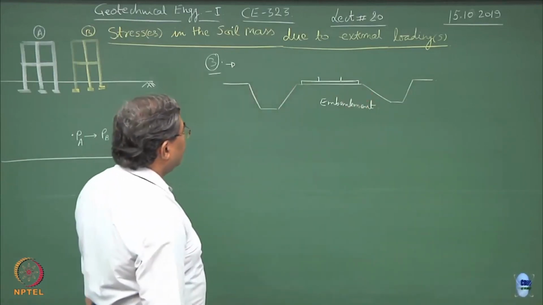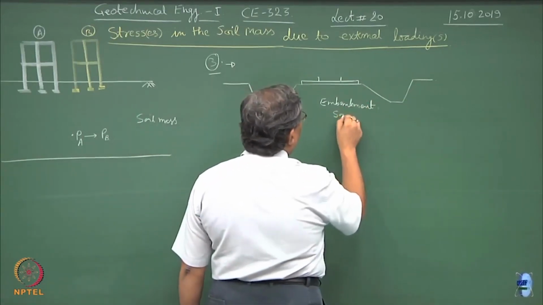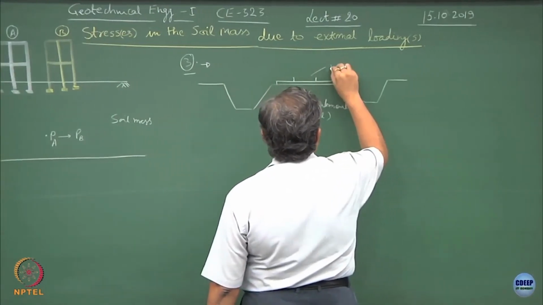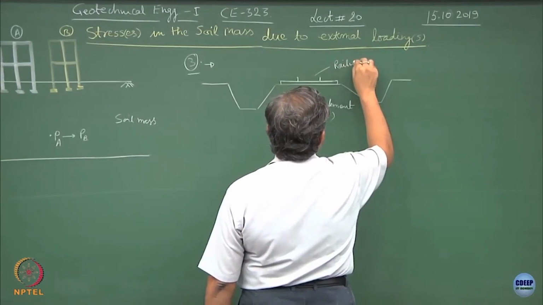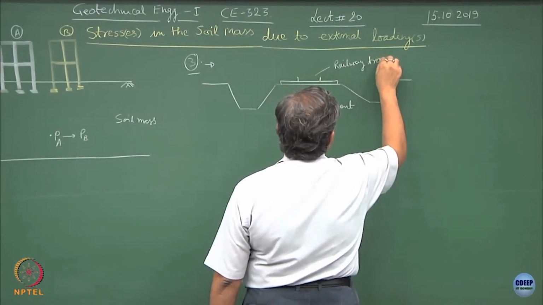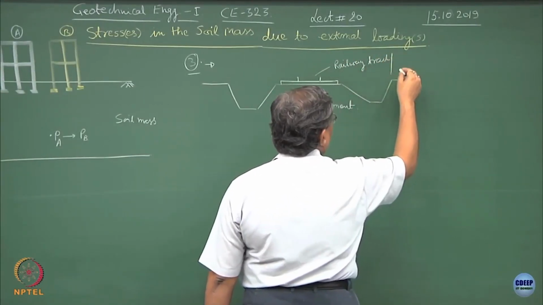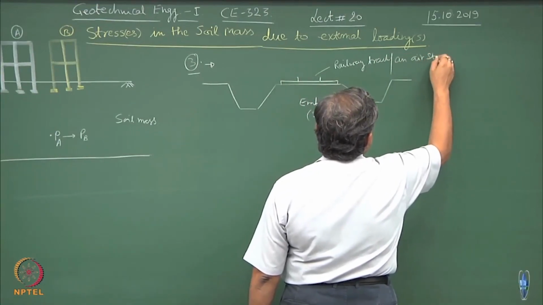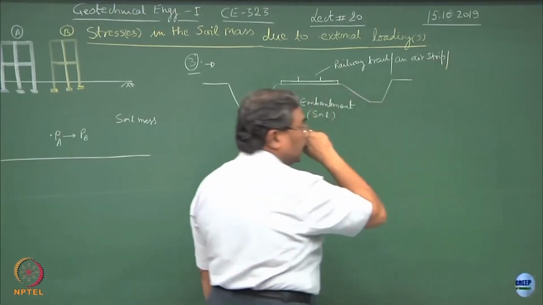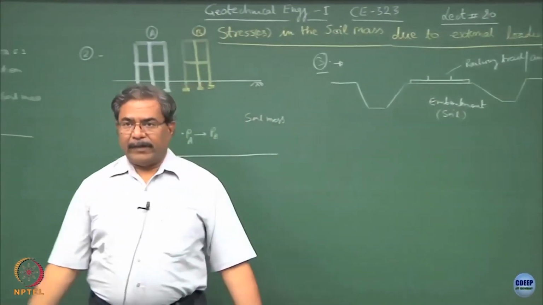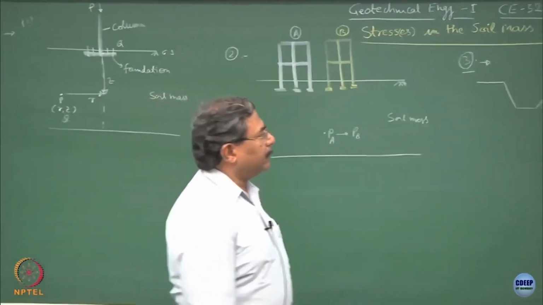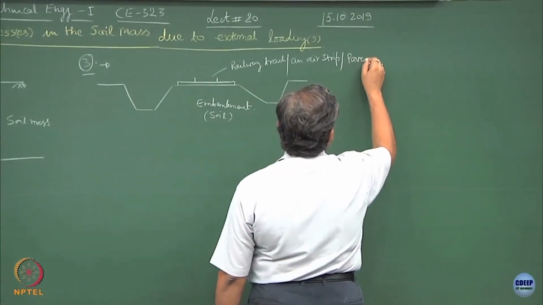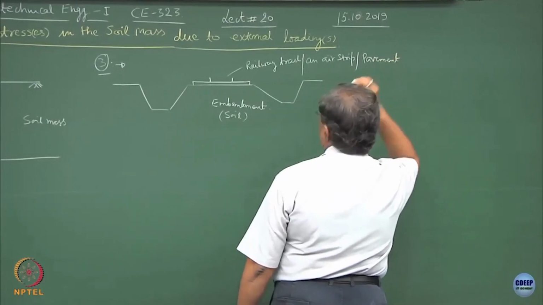Made up of soil, and this is the railway track. It could be an airstrip also, or this could be a highway, a pavement. Alright.